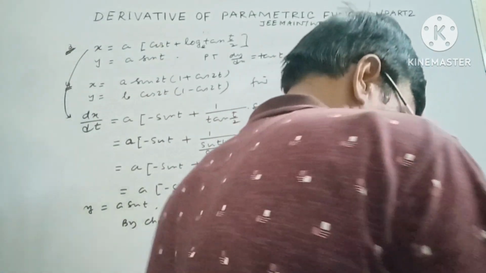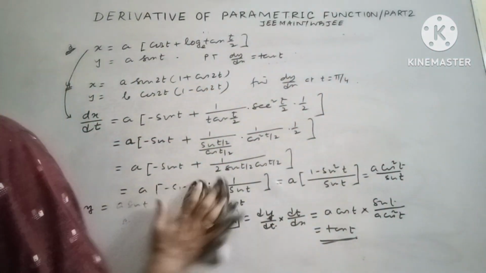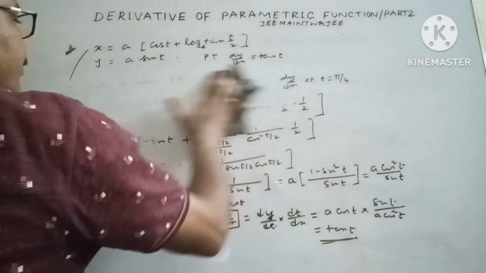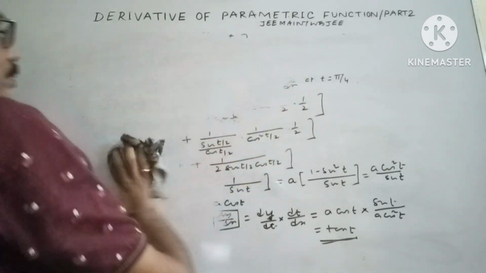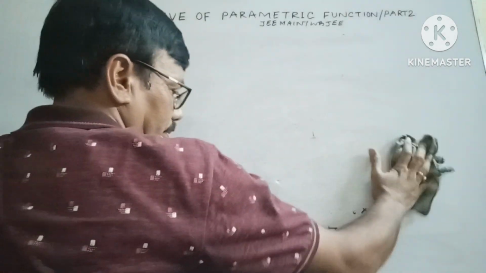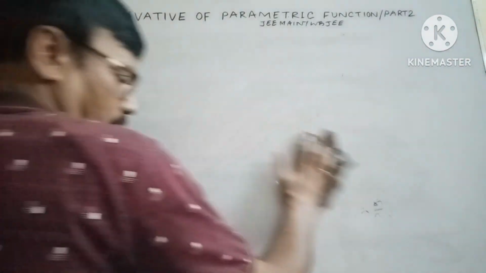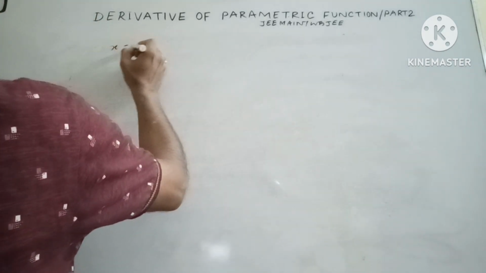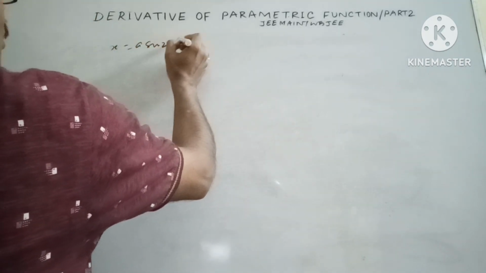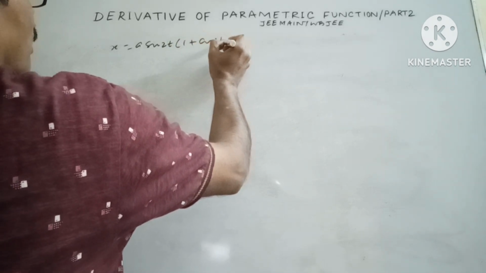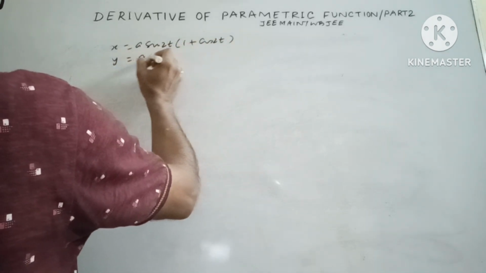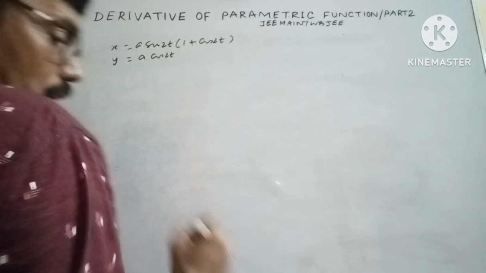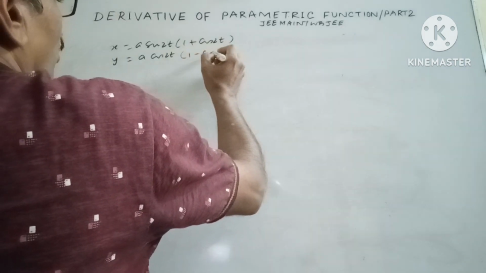Next one. x equals a sin 2t into 1 plus cos 2t, y equals a cos 2t into 1 minus cos 2t.